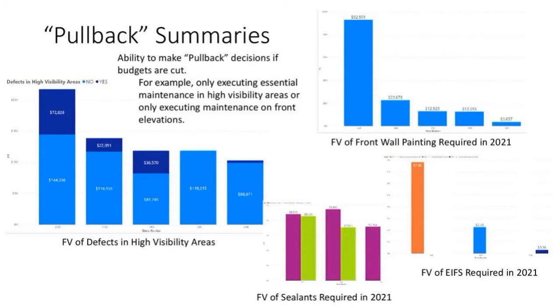For example, if high visibility assets are identified when establishing a maintenance structure, the focus could be placed on maintaining those high visibility assets and deferring the remainder of the facility to future years.